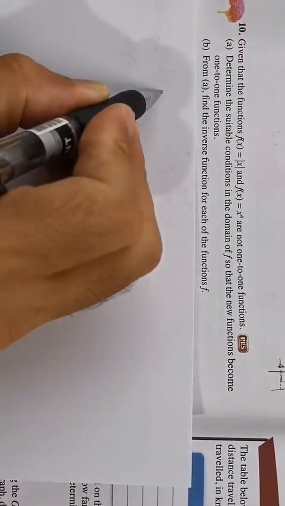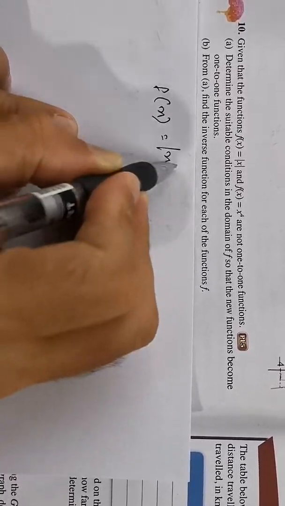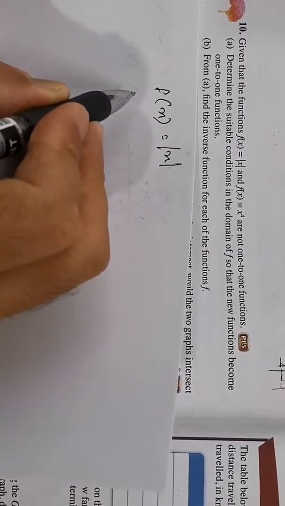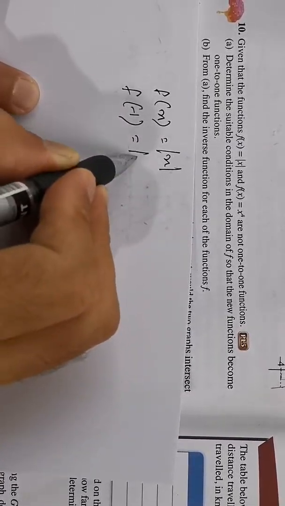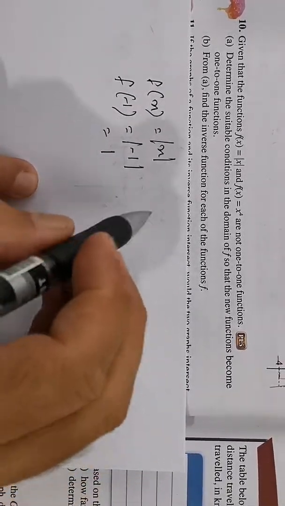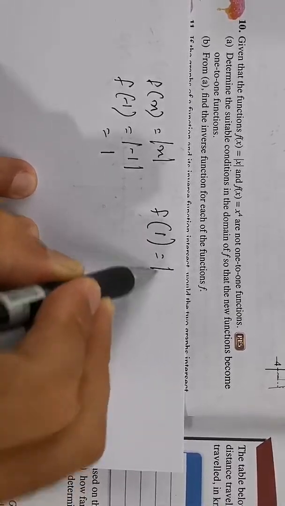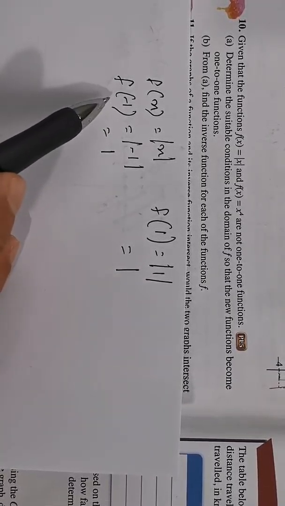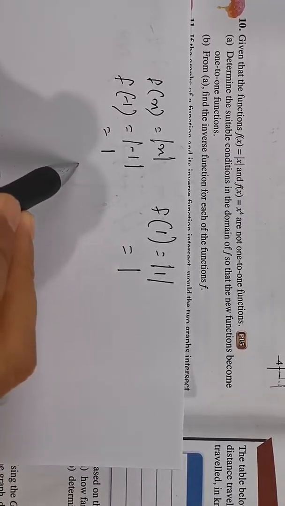If you have f(x) = modulus of x, try to replace x as -1. So f(-1) = modulus of -1 = 1, and replace x as 1, modulus of 1 = 1. So you see there are two objects with the same image.